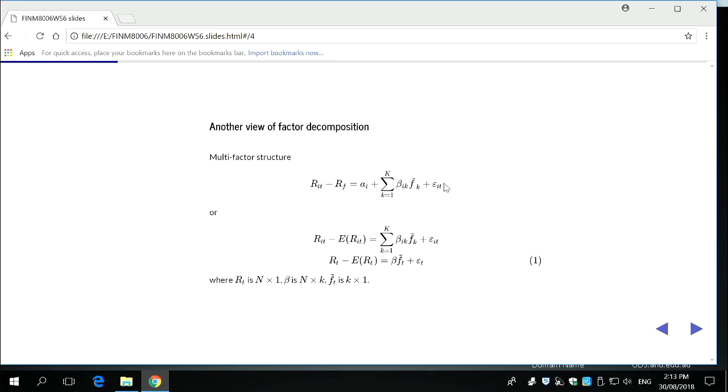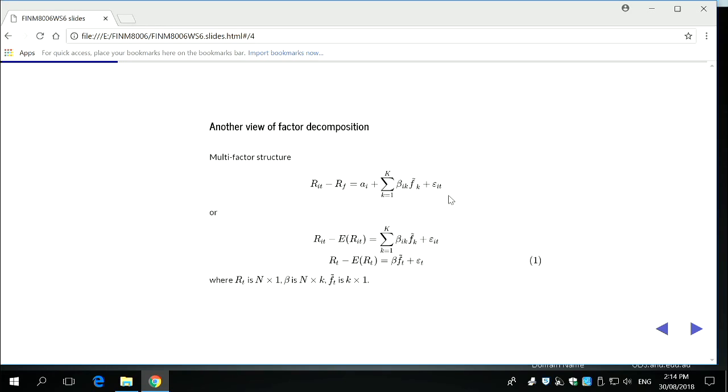With this structure, we know the random errors, epsilon, are not correlated with each other across stocks. We know the expectation of F equals 0, and we know F tilde and epsilon themselves are not correlated. That was the structure we started with in the multi-factor model.